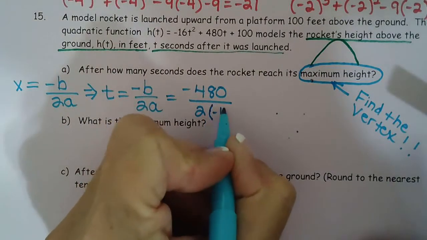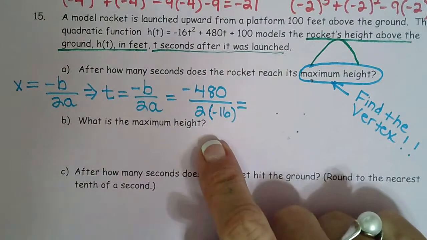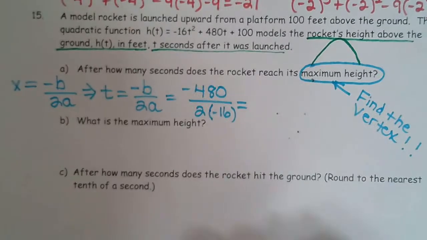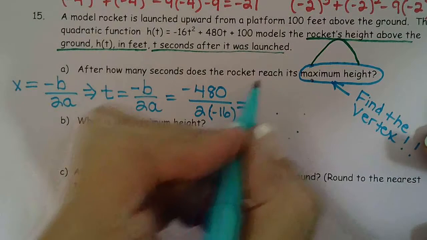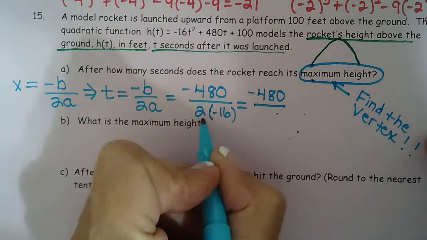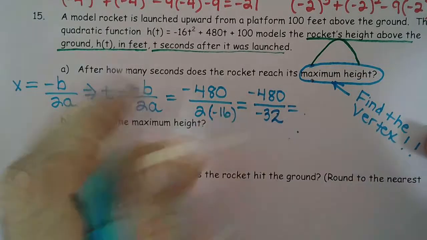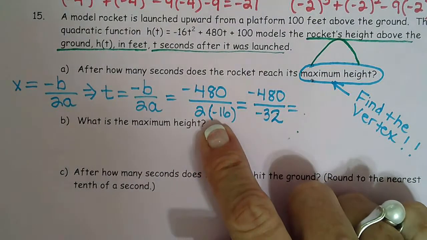And hopefully you remember from the video in 7.5 that you can't type this all in the calculator at once. It won't give you the right answer. So what you have to do is work out the denominator and then type it in your calculator. So negative 32. So don't try to do it in one step, because it doesn't work when there's 2 factors in the denominator.